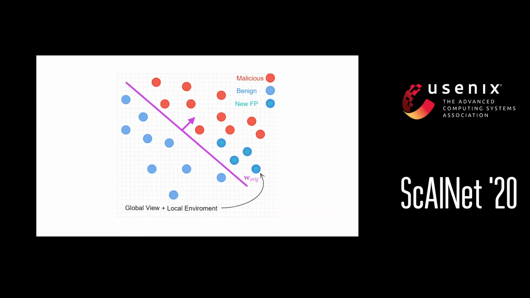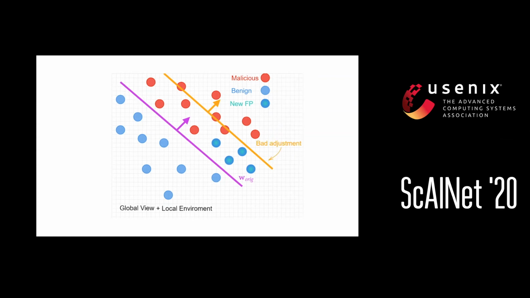So you have some false positives, a few come in, and you want to correct them. If you do the naive approach of just stochastic gradient descent, you end up with some moved hyperplane, which induces many new false negatives, which is not as good.